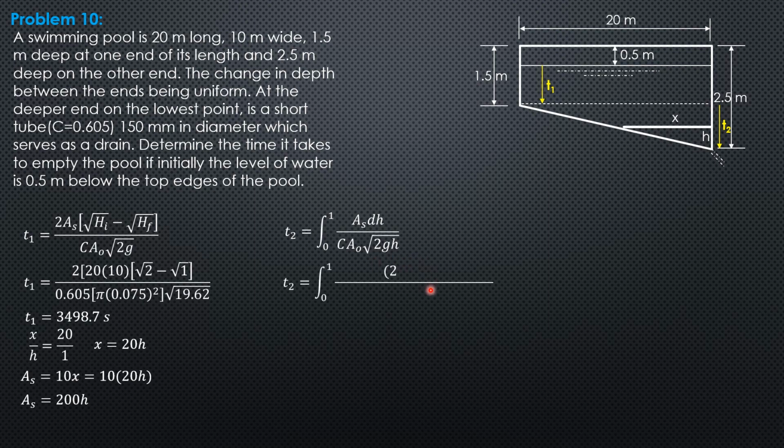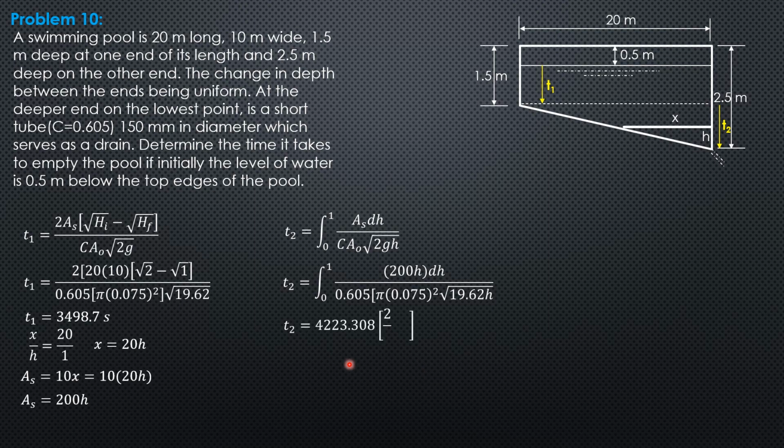Then T2 is the integral from 0 to 1 of 200H dH over 0.605 pi 0.075 squared times square root of 19.62 H. Calculating the constant 200 over the quantity 0.605 pi 0.075 squared times square root of 19.62, we have a constant. Then the integral of H over square root of H is the integral of H to the 1/2, which is H to the 3/2 over 3/2, or simply 2/3 of H to the 3/2.